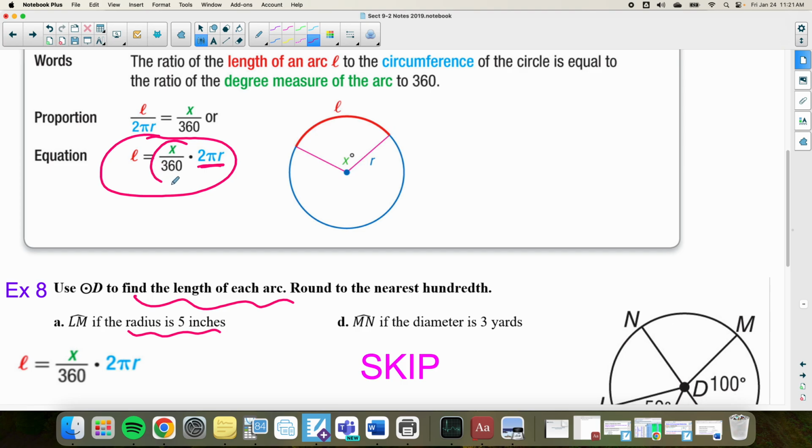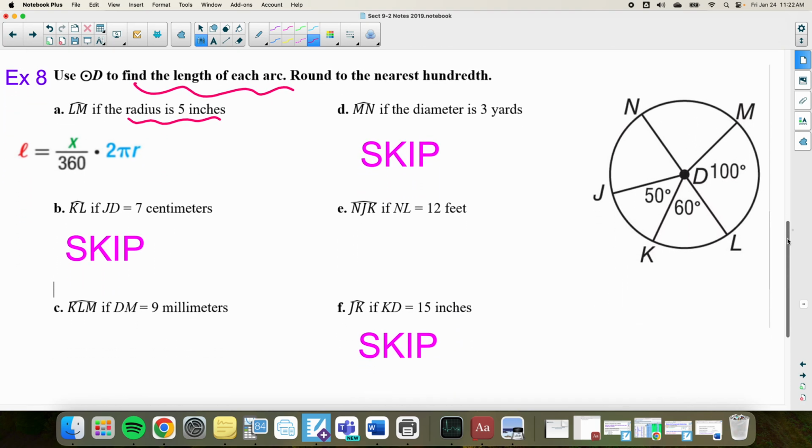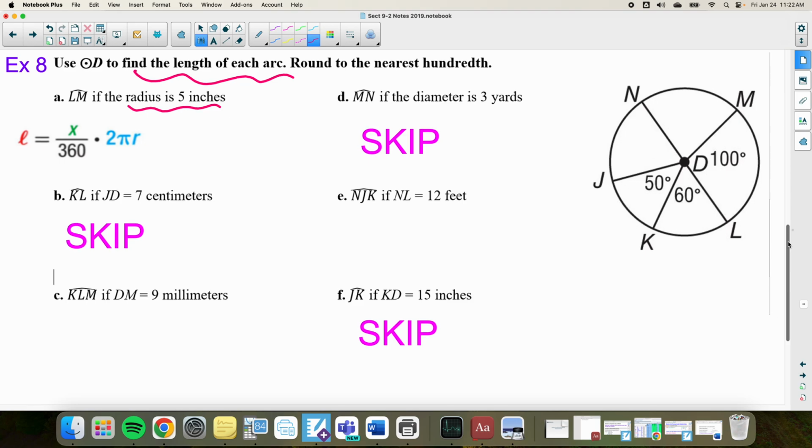Here you're finding the fraction of that circumference. So the circumference is the whole thing. When we're finding part of it, we would take that arc over 360 and find that proportion or ratio of it. So here's what we're gonna do.